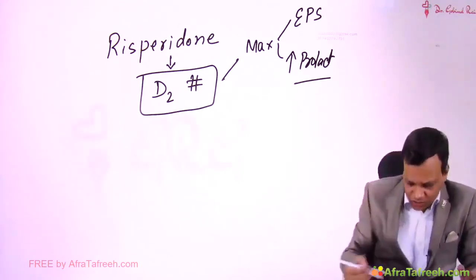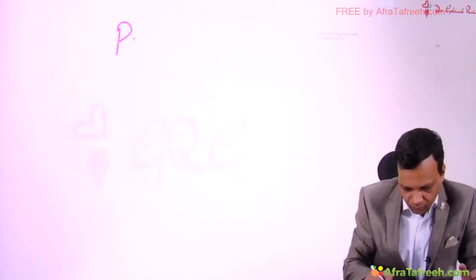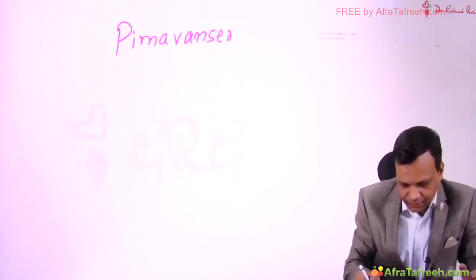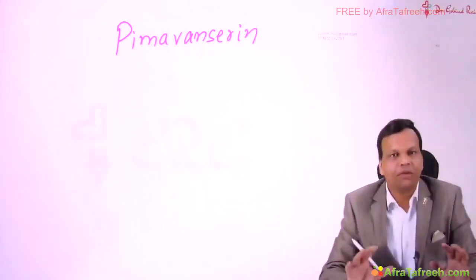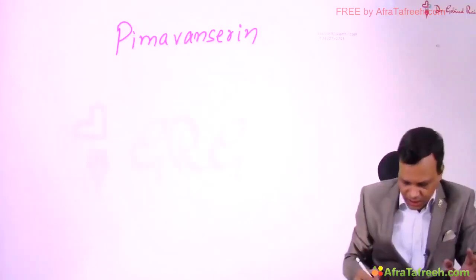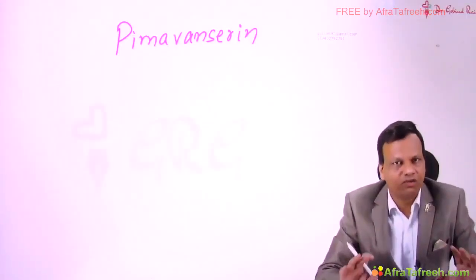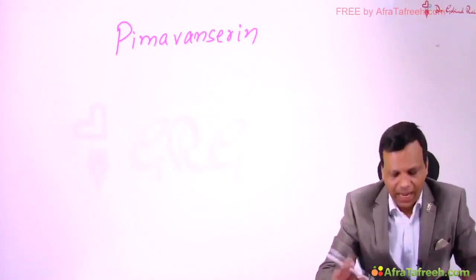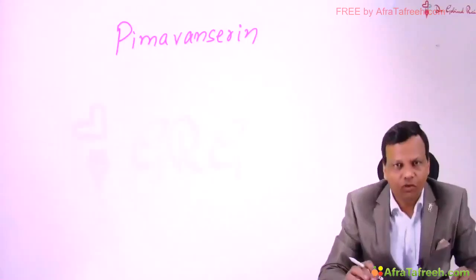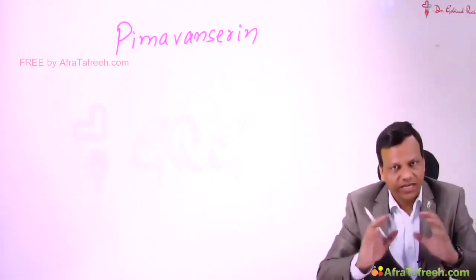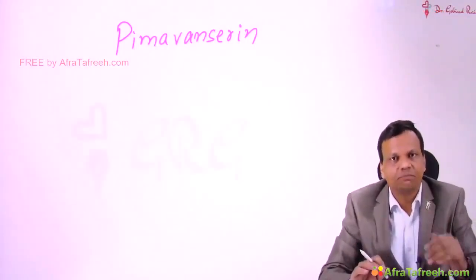Now coming to some of the new drugs like pimavanserin. Pimavanserin is again an atypical antipsychotic drug. It acts by blocking 5-HT2 receptors and it is specifically approved for treatment of psychosis in a patient with Parkinsonism.